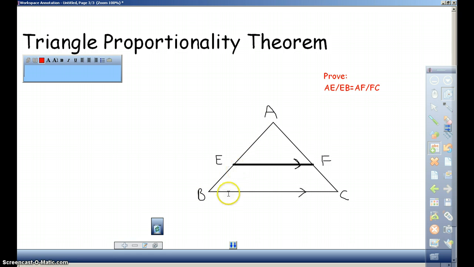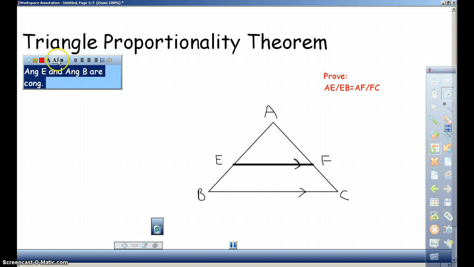So what are those angles called again? Well, you might remember they're called corresponding angles. So I'm just going to make it simple, I'm just going to call this angle E and angle B congruent.